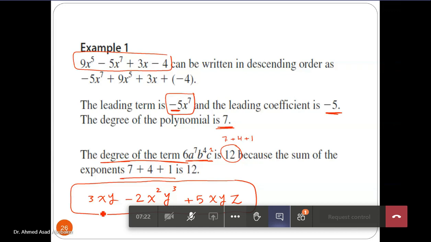Okay, so what is the degree of this term? The degree of the first term is 2. Good. The degree of the second term is 5. Good. For the third term, 3. So which one has the largest degree? This one. So this is the leading term.